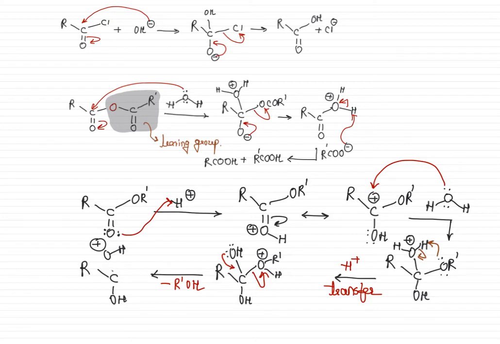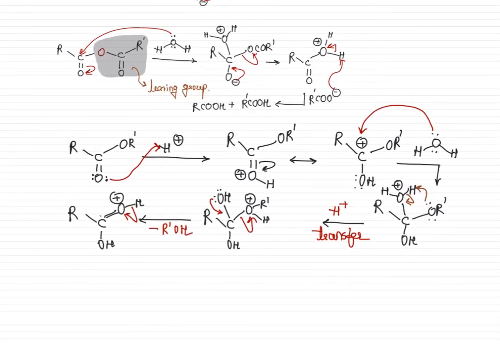And now we can have our... and now there is loss of proton to the solvent, and we have our acid generated, right? So that is how we get our acid. Minus H plus, deprotonation, the proton is generally lost to the solvent.